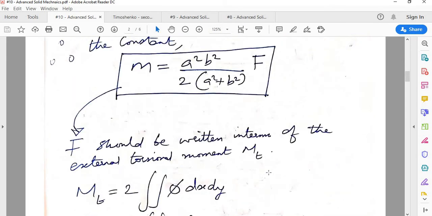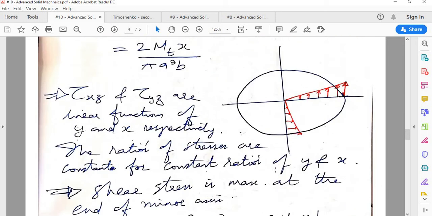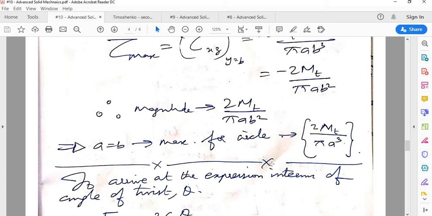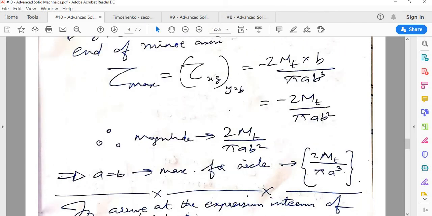But what we have arrived at so far is only in terms of stresses. This is the maximum stress. Now let us determine the twist, as well as the special aspect, which is warping.